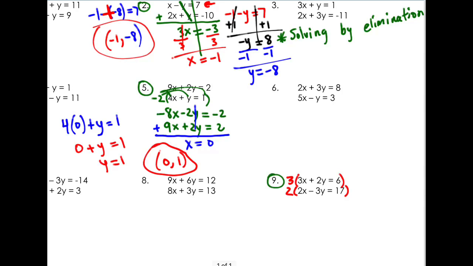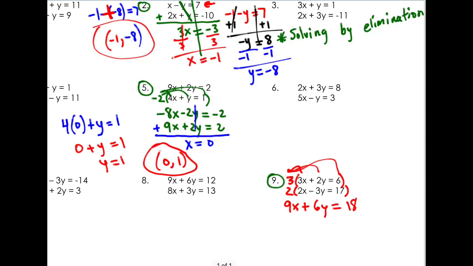And so let's do that. 3 times 3 is 9x. 3 times 2y is 6y. 3 times 6 is 18. All right, we're done with that one.